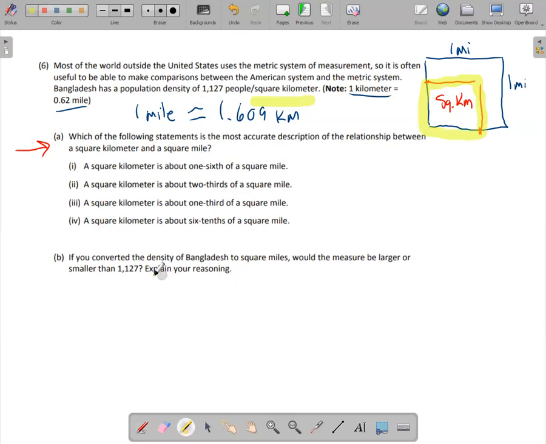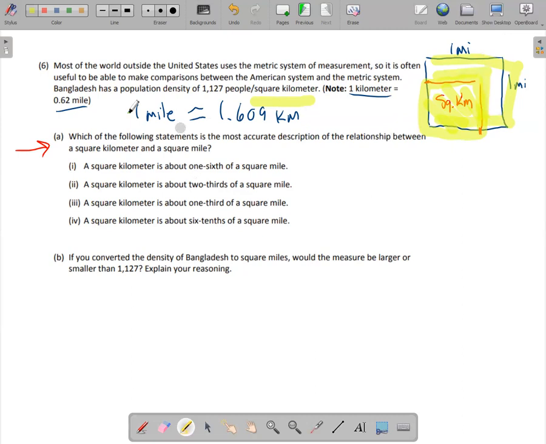Okay, so if we scale this up from square kilometers to square miles, is the number going to be bigger or smaller? It's going to be bigger. Yeah. So we have to keep the density the same, but fill this region. So we need a whole bunch more people to fit there to talk about a square mile. So it should be a bigger number.